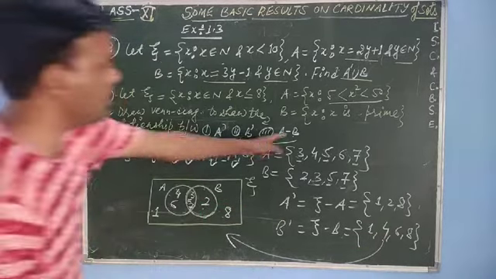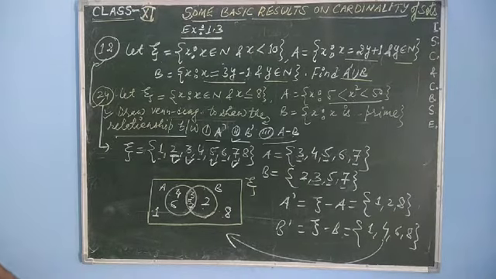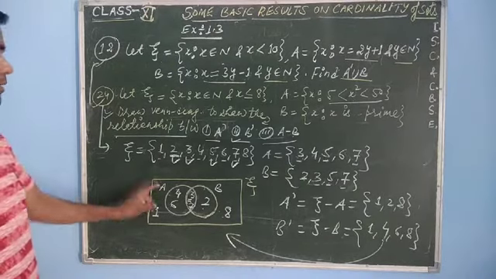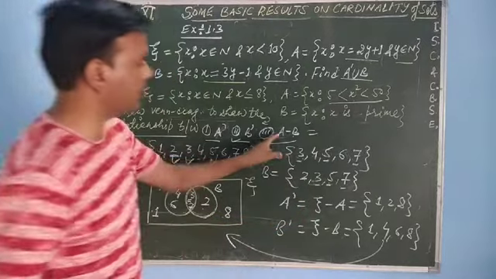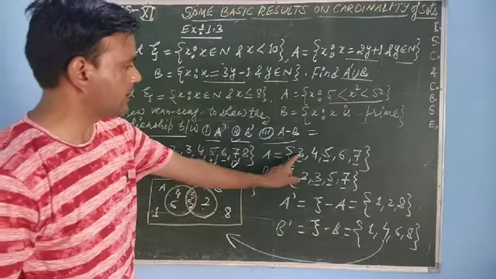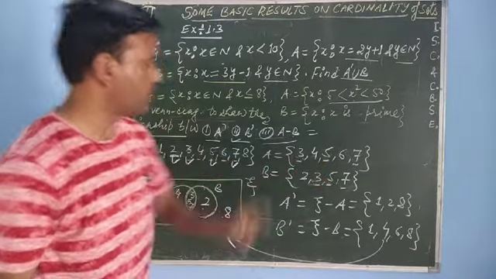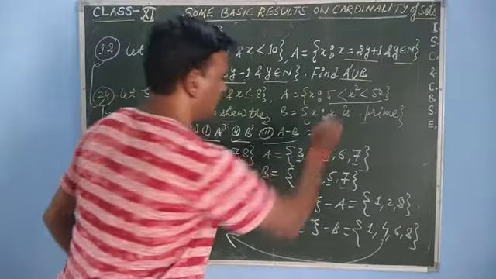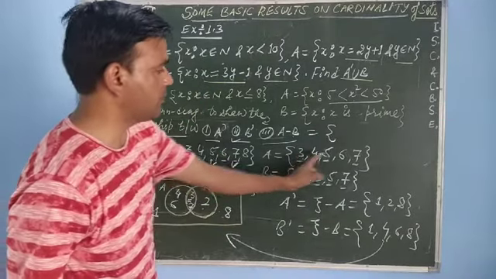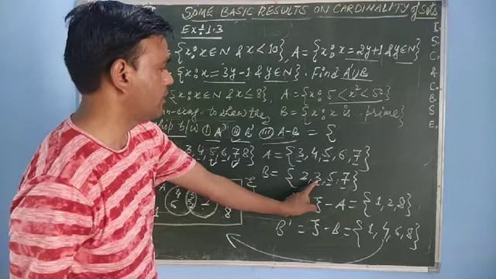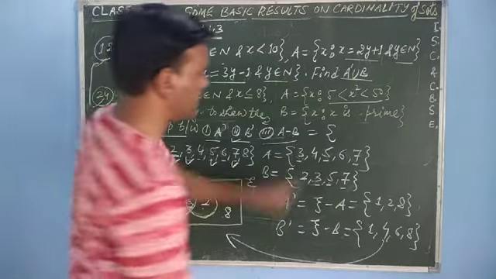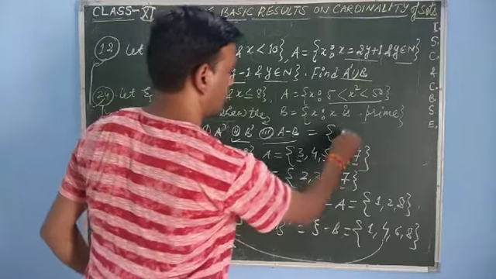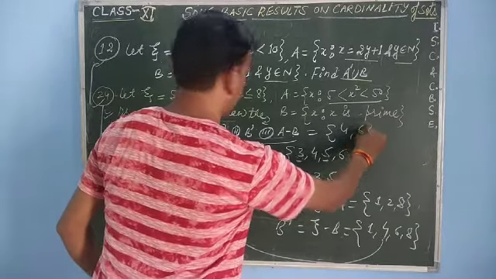Now similarly, A minus B. A minus B means those elements which belong to A and do not belong to B. See here, after removing 3, 5, 7, which are elements of both A and B, we get only 4 and 6.